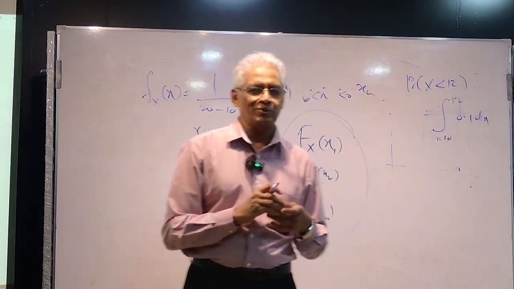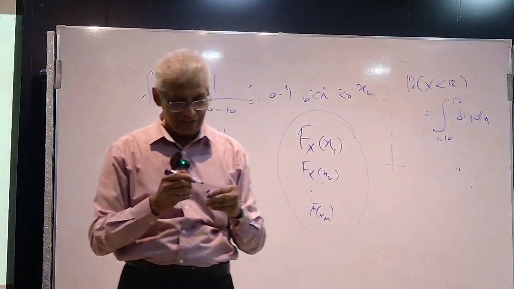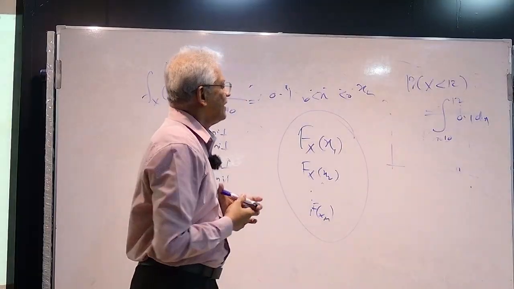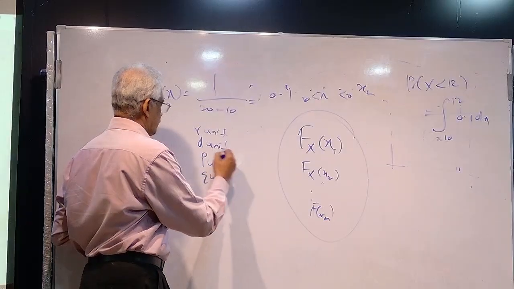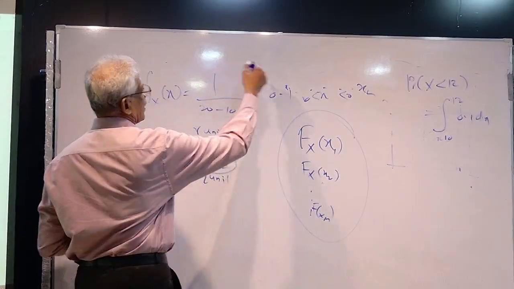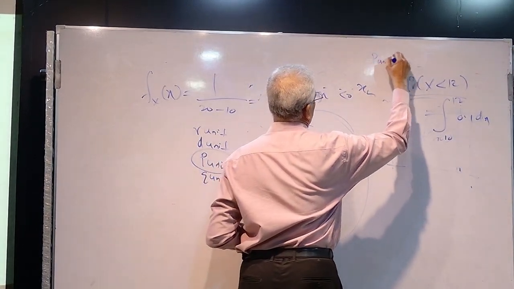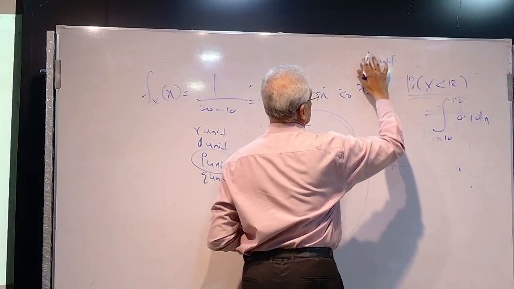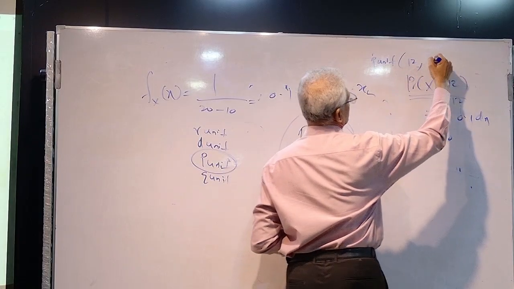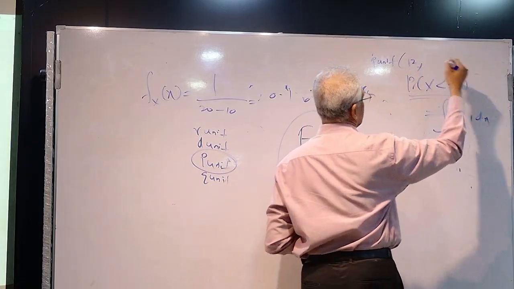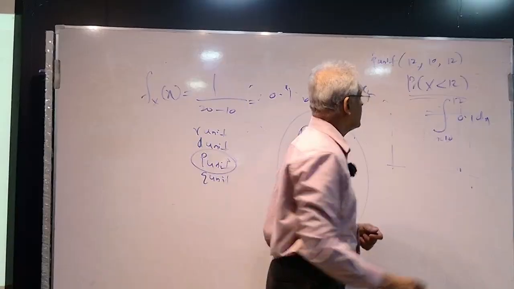Now, we don't have to integrate. Integrating is not a big deal here, but when mathematically heavy functions come, integrating is not an easy task. So here also we can use punif, right? In order to calculate this one, the command will be punif, the cumulative distribution function, at 12, and then you have to give the two values a and b. a is equal to 10, b is equal to 20.